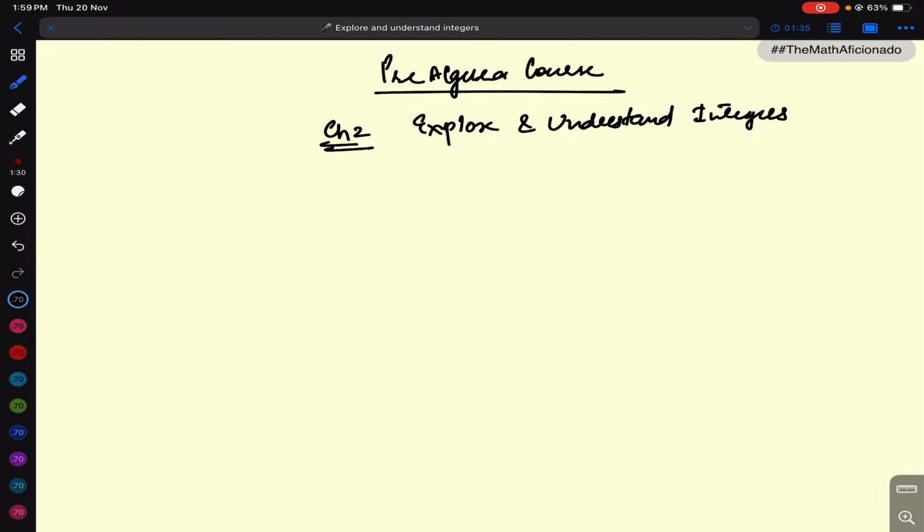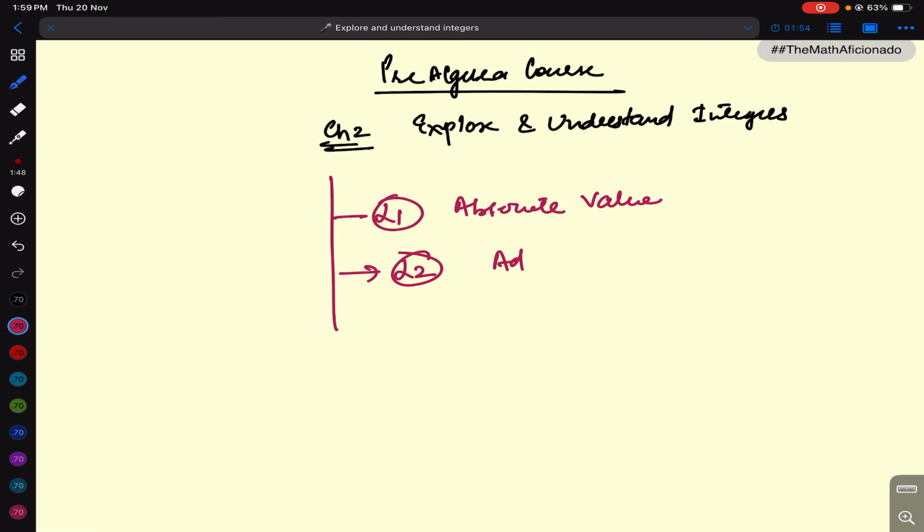In this chapter we are going to be discussing three lessons. Lesson 1 is absolute value. Lesson 2 would be adding and subtracting integers.